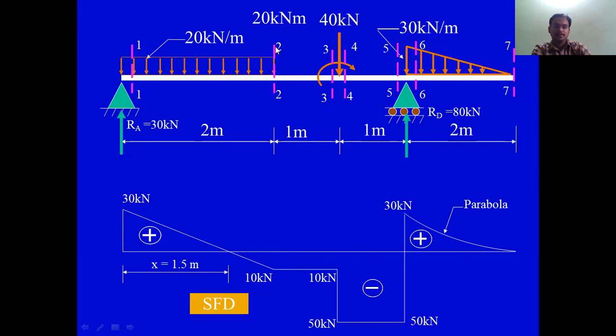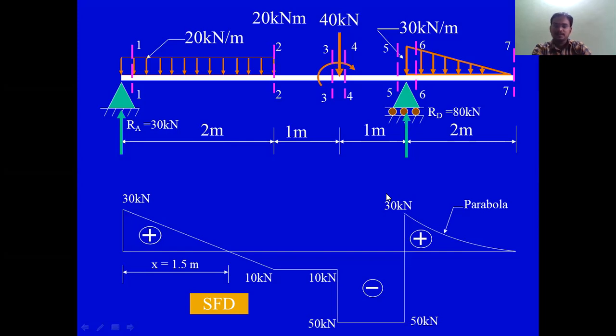At this 2-2 it is 10 kilonewton. 3-3 also it is 10. 4-4 it is 50. 5-5 it is 50 only, because whatever 4-4 is having, 5-5 is also having the same.